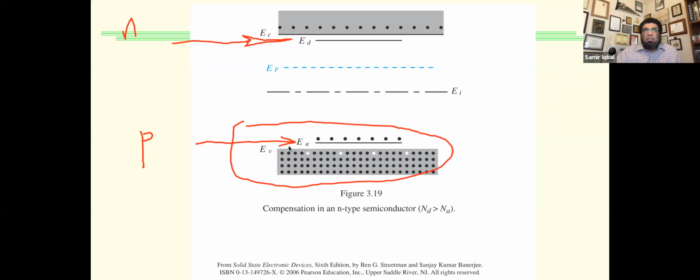What we are doing is now we have provided more sites for electrons. Now think about it, if an electron jumps from here and if an electron jumps from here, which one is easier to do? From the valence band level or from this EA level? The EA level is easier, it takes less energy.